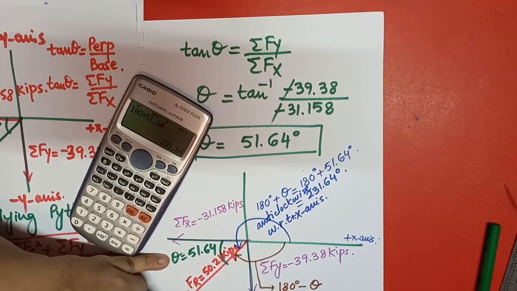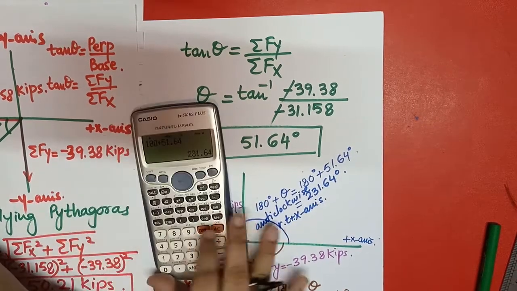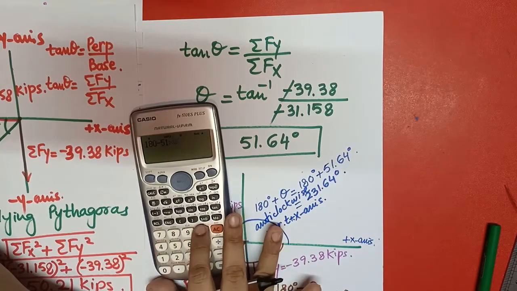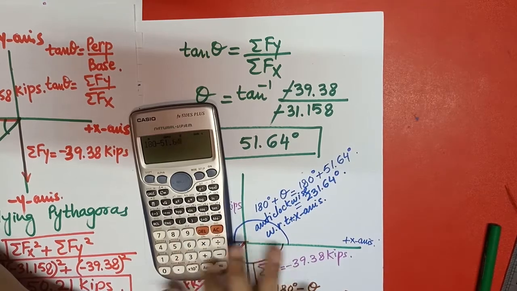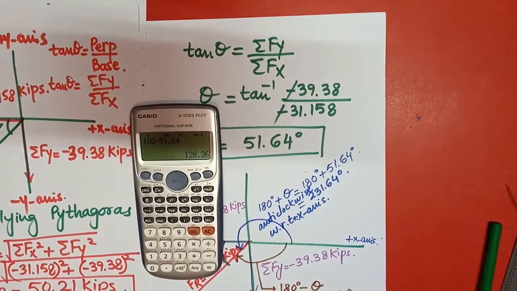So 180 degrees minus 51.64 is equal to 128.36 degrees. So this will be your answer.